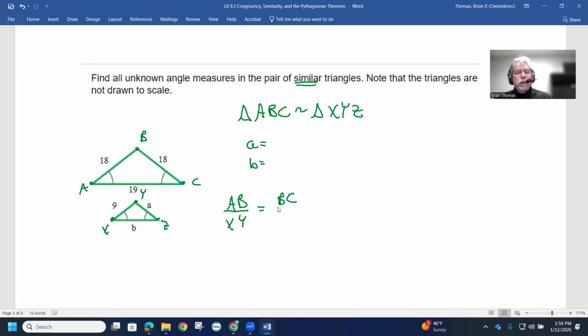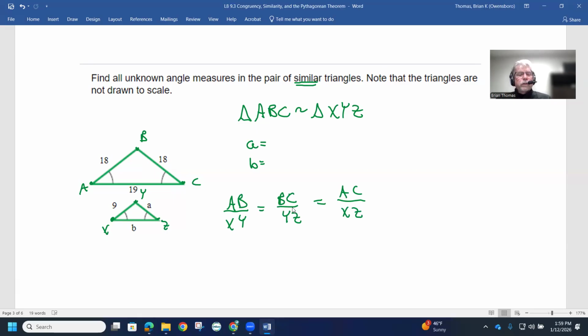So BC should be in ratio with YZ since they're similar. And this should also equal the same ratio as AC over XZ. So these three ratios are equal.